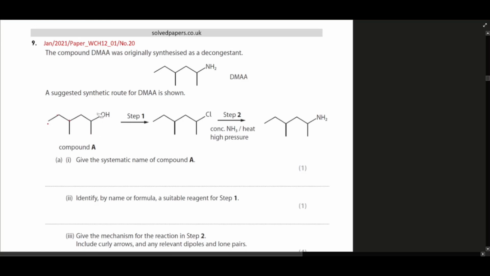Oh, sorry, I made a mistake. We need to identify the longest chain here. I believe this is the longest chain. Yeah, this is the longest chain: one, two, three, four, five, six. Whenever you write a name, and whenever there's a branched structure, always try to find the longest chain.